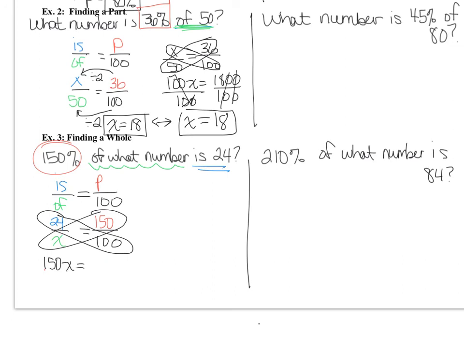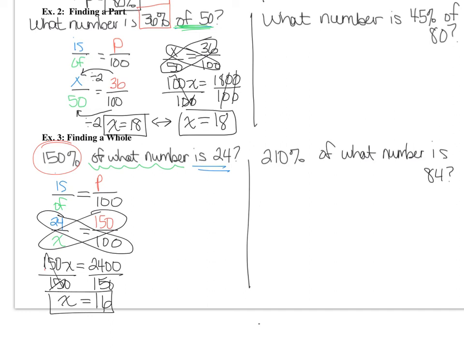150 times x equals 24 times 100, which is 2,400. Divide both sides by 150. 150 divided by 150 is 1. 2,400 divided by 150, type that in my calculator and I've got 16. So it's saying that my whole would be 16.